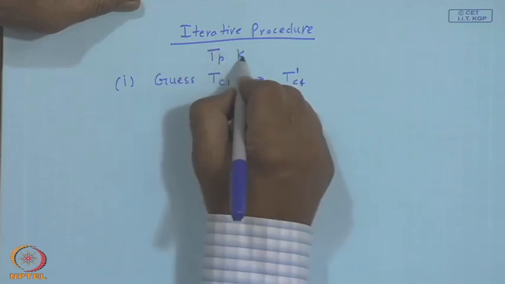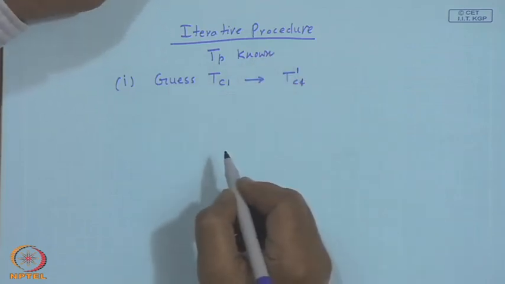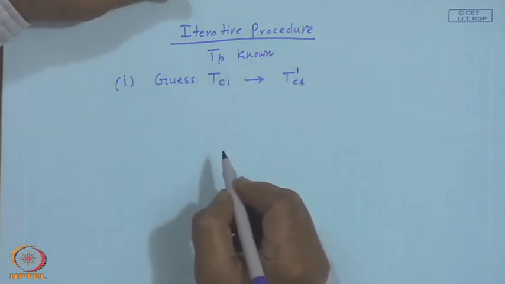Tp known. So, I guess Tc1 and the first guess is designated as Tc1^1.